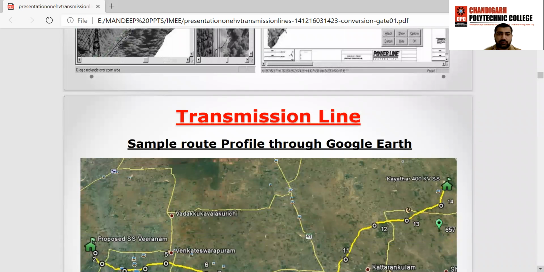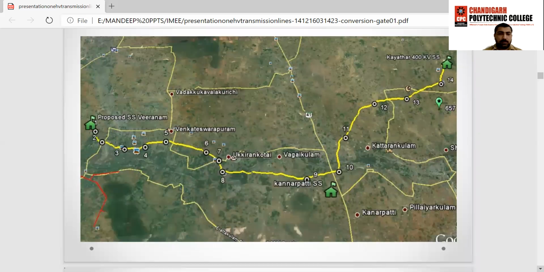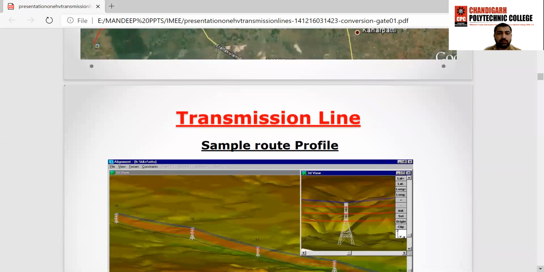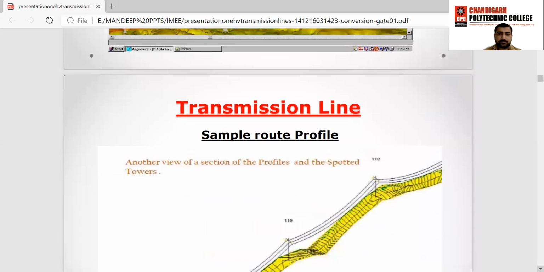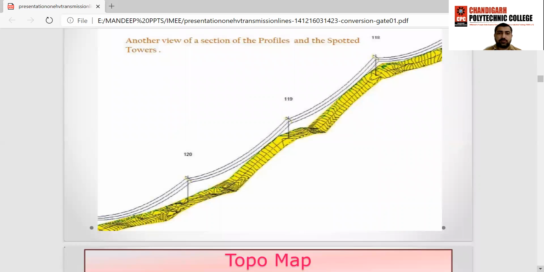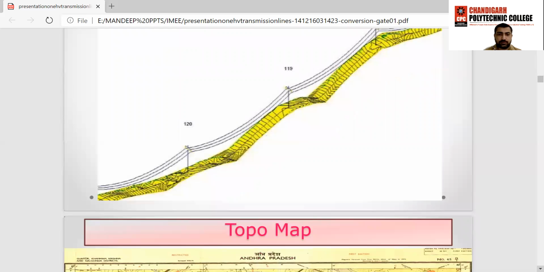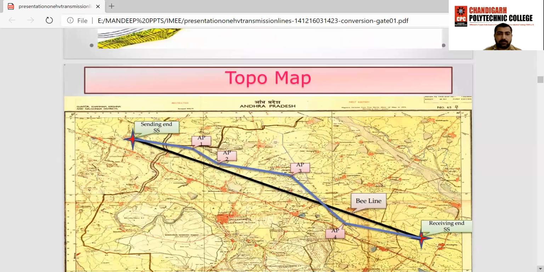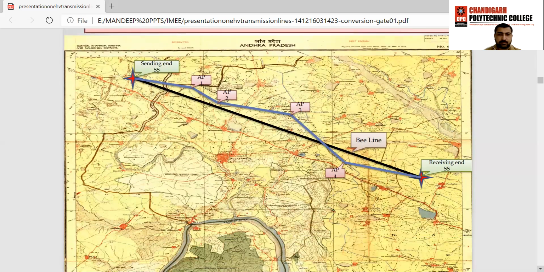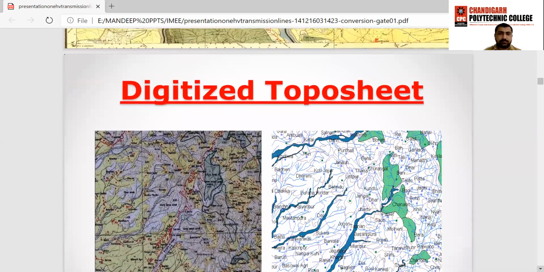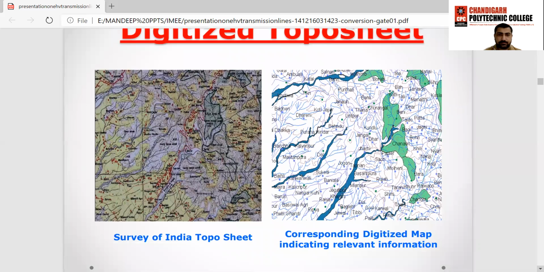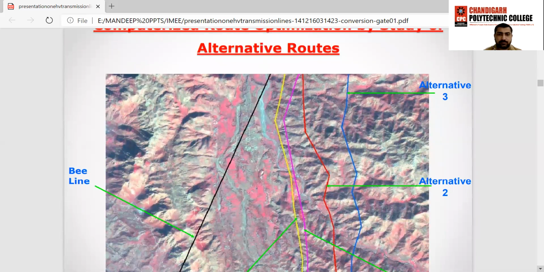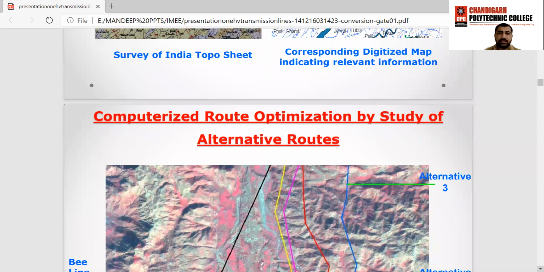It shows us the sample route profile through Google Earth, sample route profile in 3D images, and spotted towers through sample routes, and topographical maps, digitized topo sheets, and computerized route optimization by study of alternative routes in that particular area.